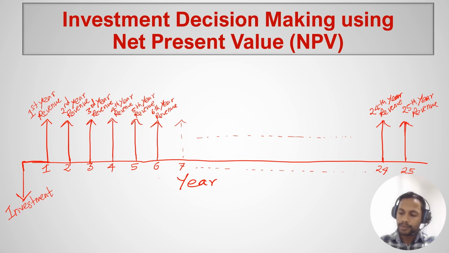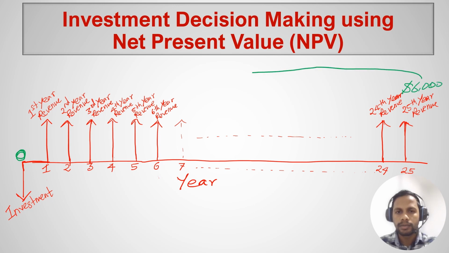To manage that problem, we need to bring all the revenue to a present point. In our cash flow, the present point is here, the zero, where we are investing our money, like the $50,000 we discussed in the last videos. In year 25, we are getting some dollars, let's say $6,000.